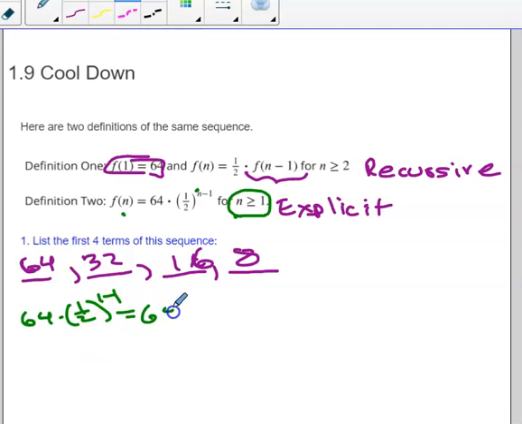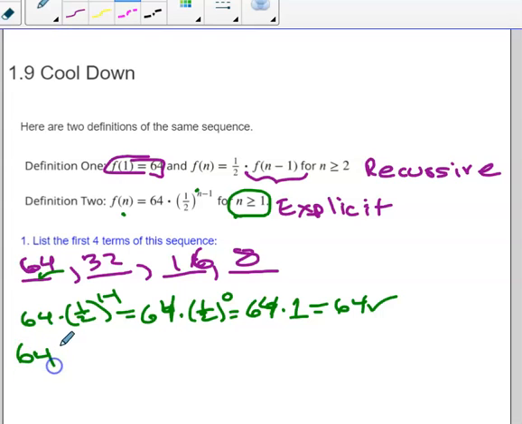So that would be 64 times 1/2 to the power of 0. Remember, any number to the power of 0 is 1. So the first term is 64, which is the same thing as over here.